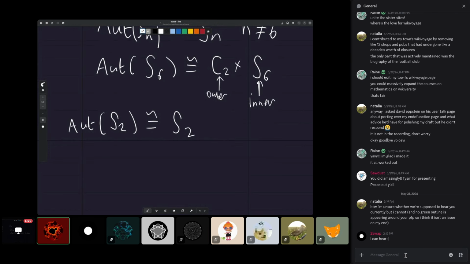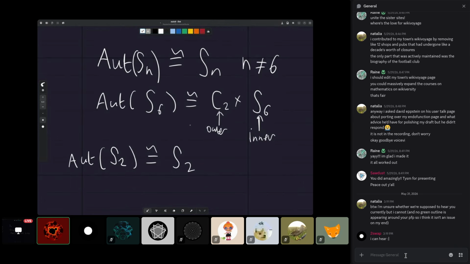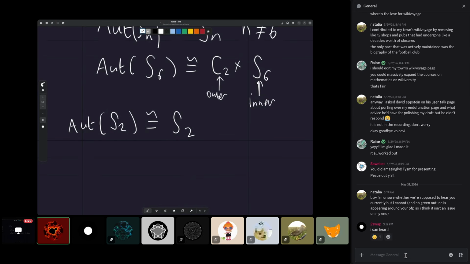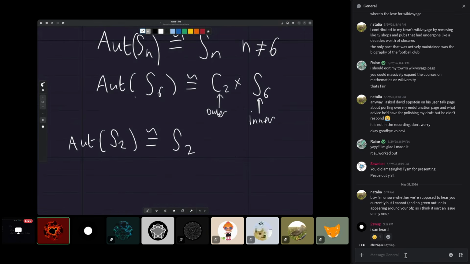Basically, for stupid reasons, it's because S2 is abelian. So it's the same as all the other ones, but it is an outer automorphism. I can talk about again why that is, what's going on there. For S2, yes, there is something strange there.